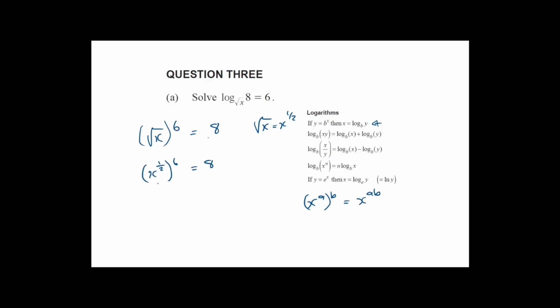So this is going to be x to the power of 3 equals 8. And you could take the cube root of 8, but you should really know that. And this is going to be 2. It's not going to be plus or minus 2 because it's an odd number exponent, but x is going to be 2. And that's that.